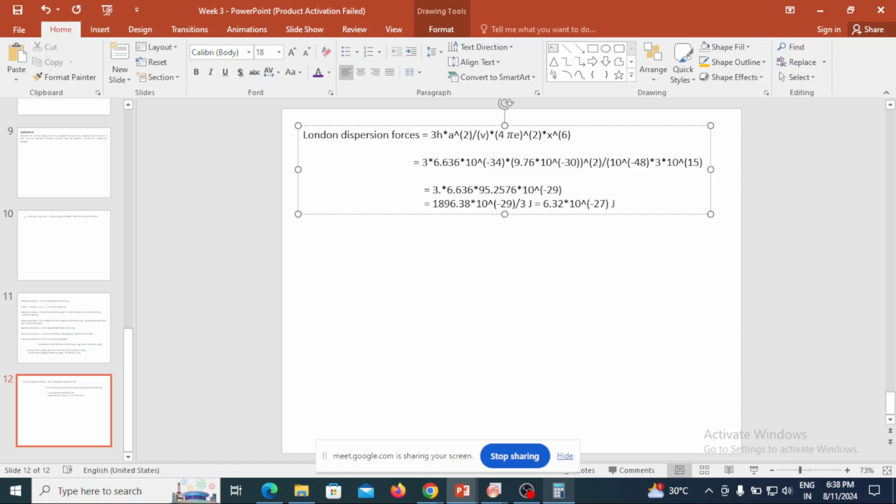So you can see that, in case of molecules like thiophene, the contribution of London dispersion forces is greater compared to the other two, that is your Debye and keystone interactions.